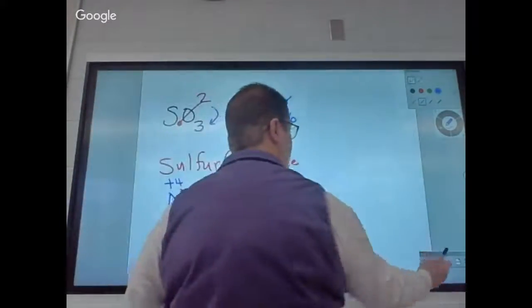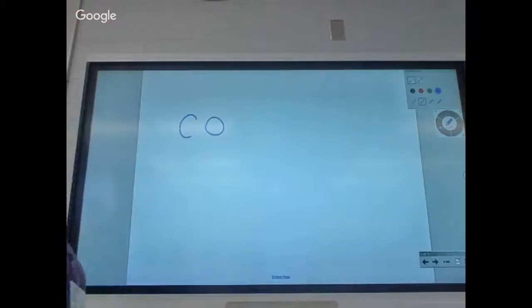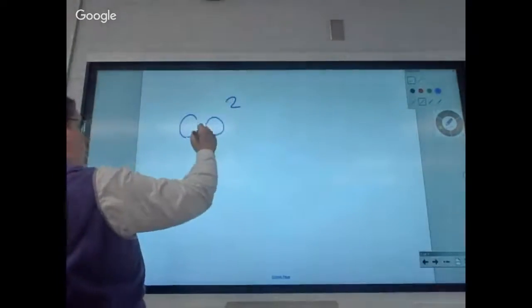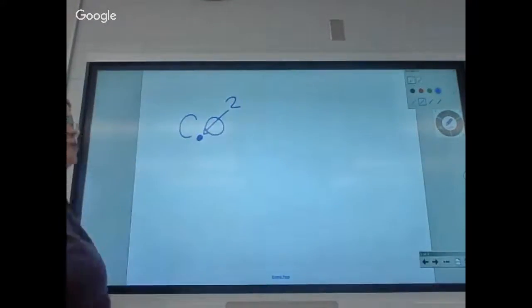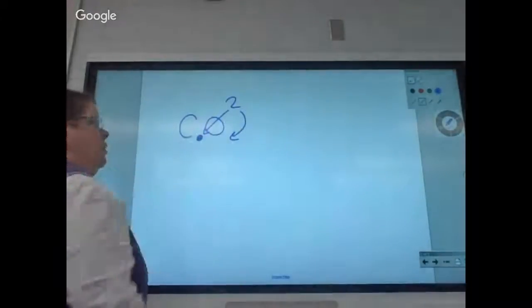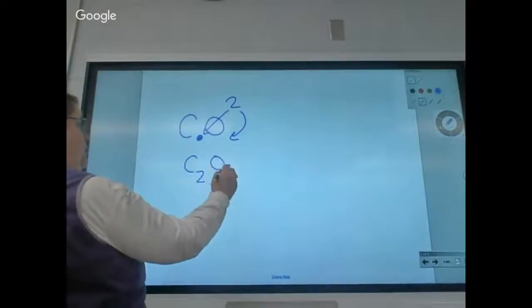Okay? But if you had something like CO, is there a 2 right here for it to crisscross down? So that would tell you what? It was reduced, so you'd need to multiply that 2 through the subscript. So you'd get C2O2.